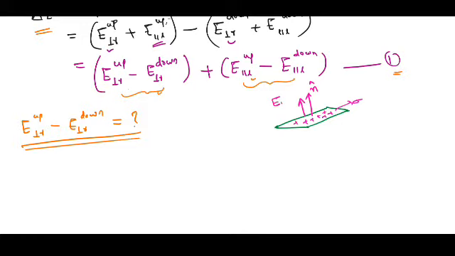Therefore, this is the E up. That electric field is given by sigma divided by 2 epsilon 0 n cap. That is to be denoted as E perpendicular up.